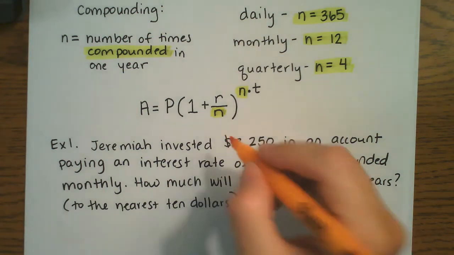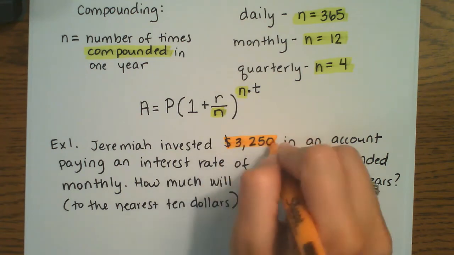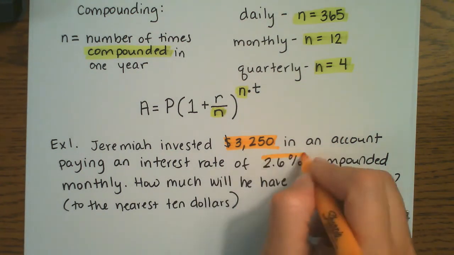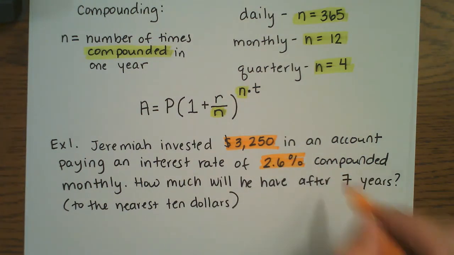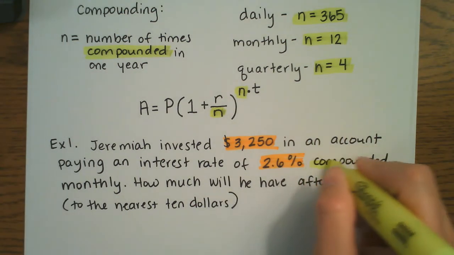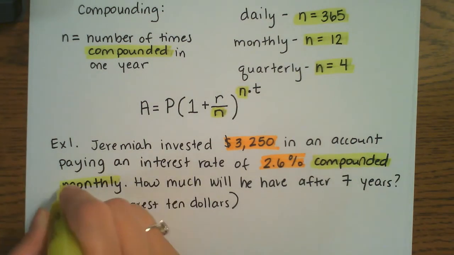So, our initial investment is $3,250. Our interest rate is 2.6%. And then it says compounded monthly.